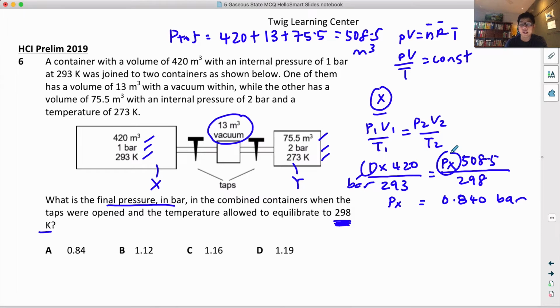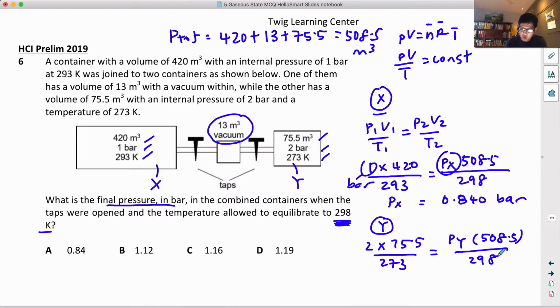Let's try the next one. For gas Y, I do exactly the same thing. P1 V1 over T1, so P is 2, V is 75.5, over 273, equals the pressure of Y times 508.5 divided by the temperature 298, since Y can also move throughout the entire setup. Calculating PY, I got 0.324 bar.